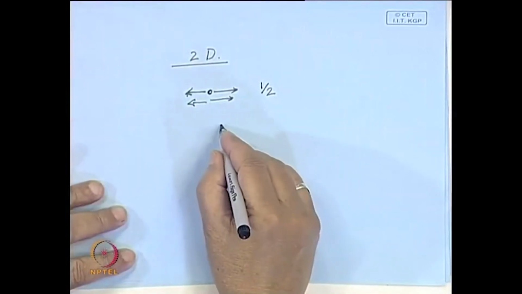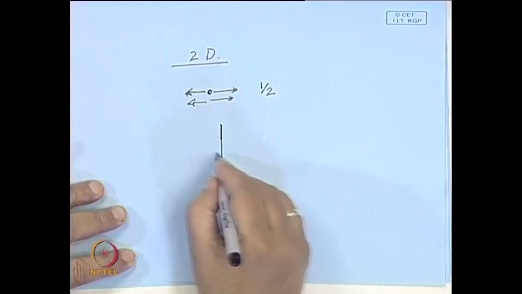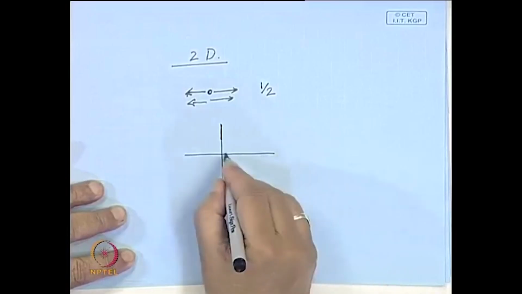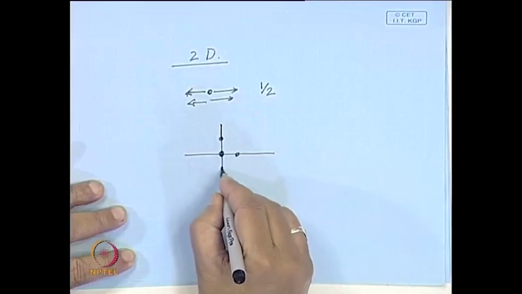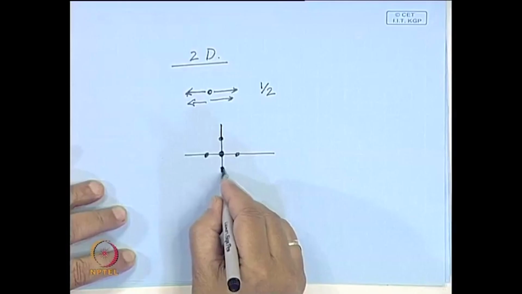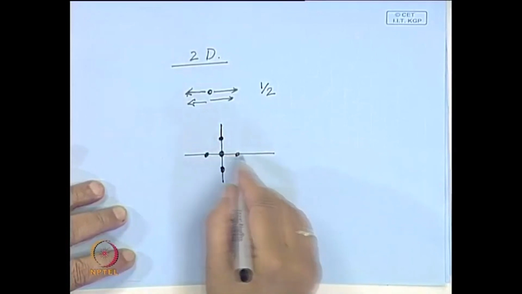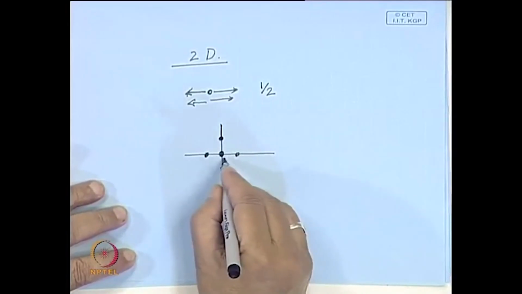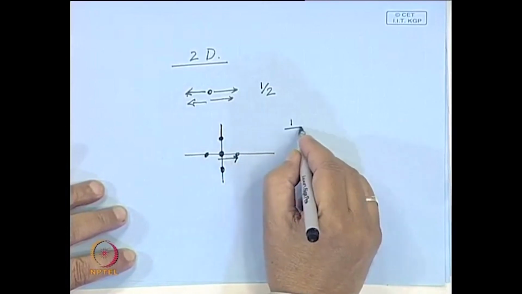Now, if you extend it to 2D, you have a grid. So, you have a point here. This point can move here, here, here, or here. So, the probability of going in a particular direction is 1/4.